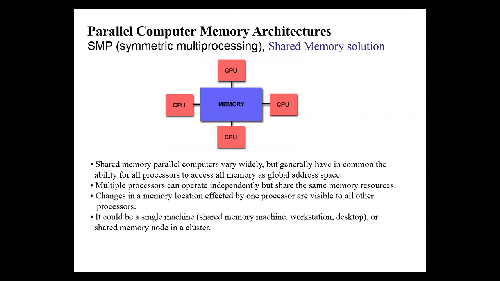They can do their own computations. However, because they share the same memory resources, they work on one data set, one copy of your data. So changes in a memory location made by one processor are visible to other processors.